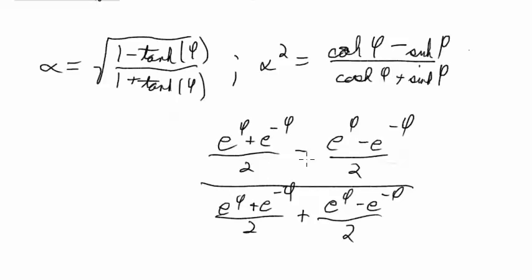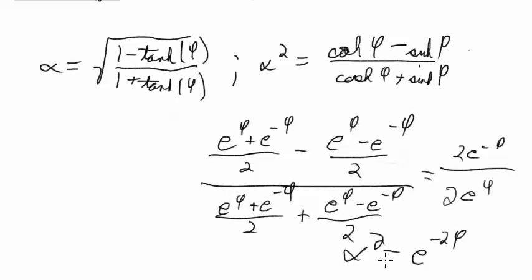This would be e to the phi minus e to the phi is 0. e to the negative phi minus negative e to the negative phi is 2 e to the negative phi, divided by, and then this is the plus, this comes out to be 2 e to the phi. So e to the negative phi over e to the phi would just be e to the negative 2 phi, and that's equal to alpha squared. So yeah, alpha is just e to the negative phi.